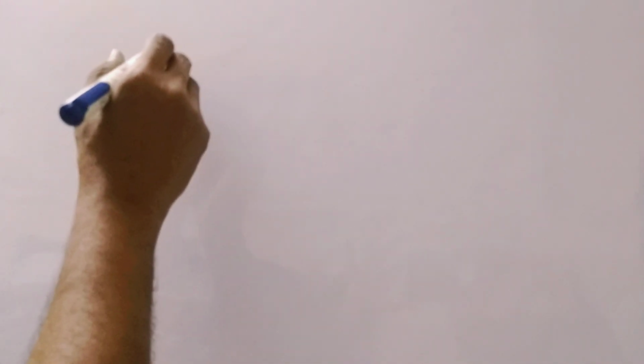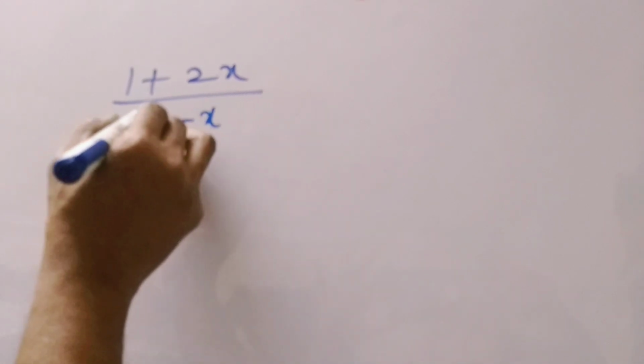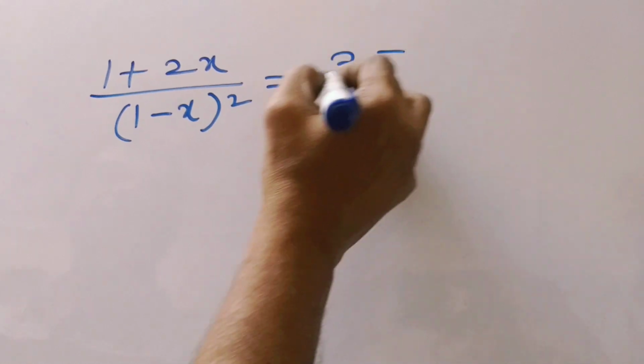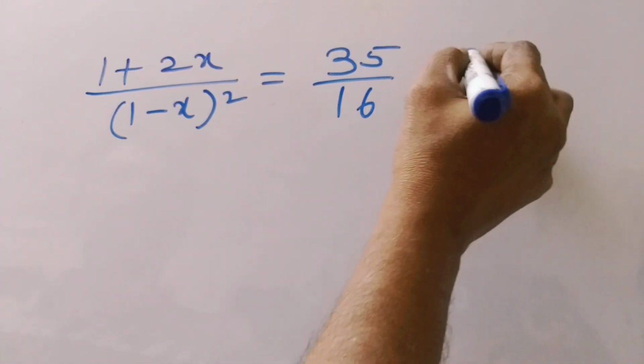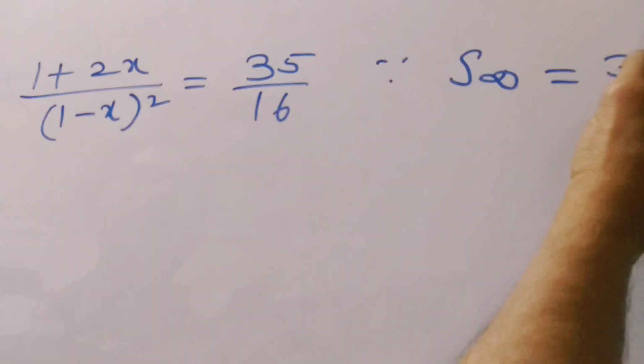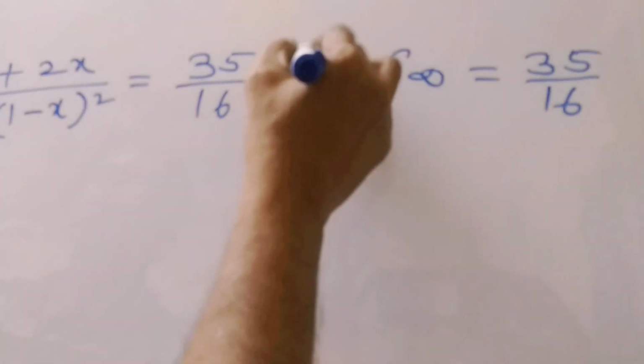According to the problem, we are given the sum to infinity terms is 35 by 16. That is S infinity is equal to 35 by 16. So 1 plus 2x by (1 minus x) whole square is equal to 35 by 16.